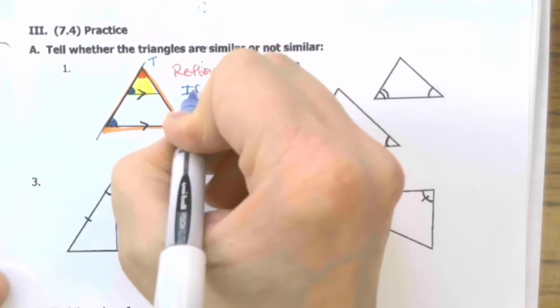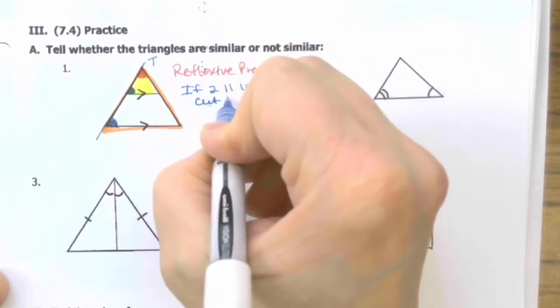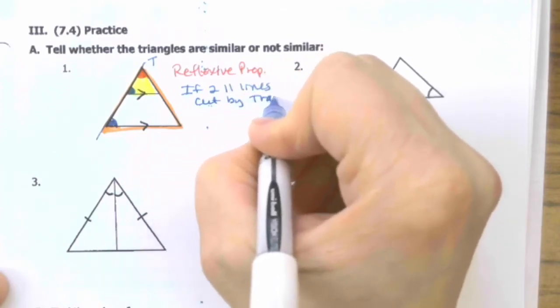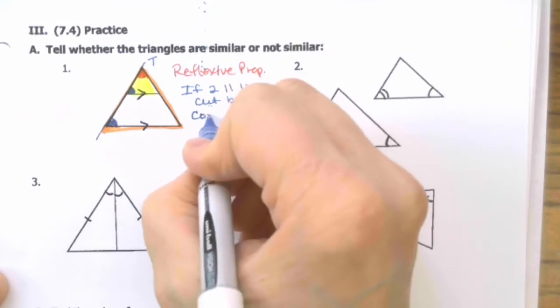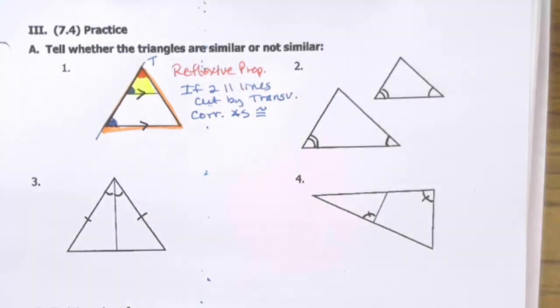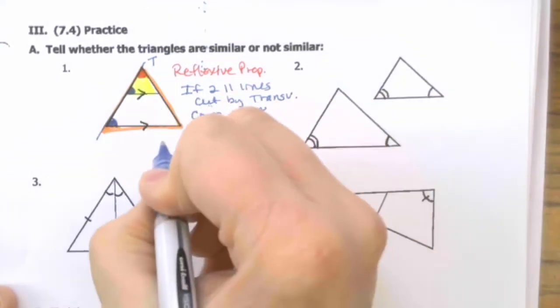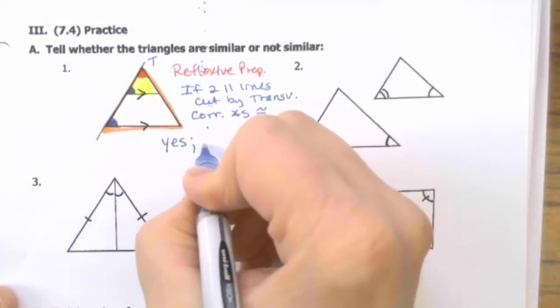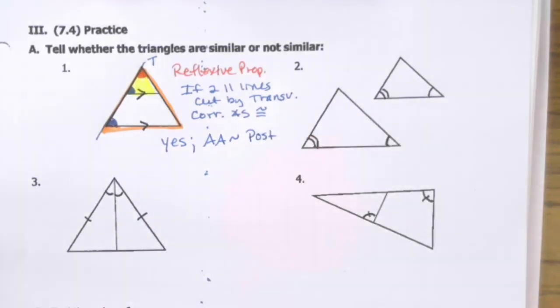So if you have 2 parallel lines cut by a transversal, corresponding angles are congruent. So now I've proven 2 angles. We can say, yes, the triangles are similar by angle-angle similarity postulate.